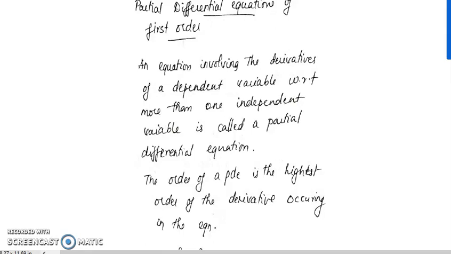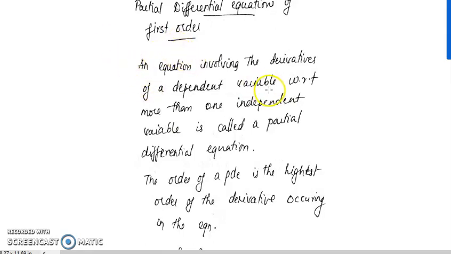There you will have the partial derivatives with respect to the different independent variables, and corresponding to such functions we will get a partial differential equation. So this is how we define a partial differential equation.